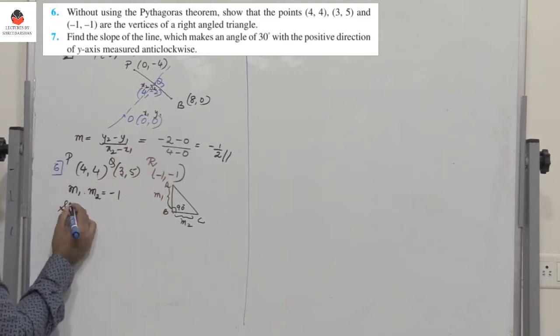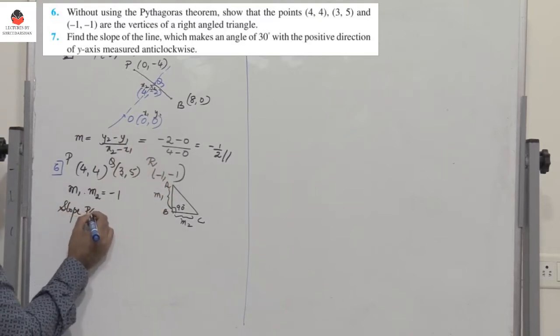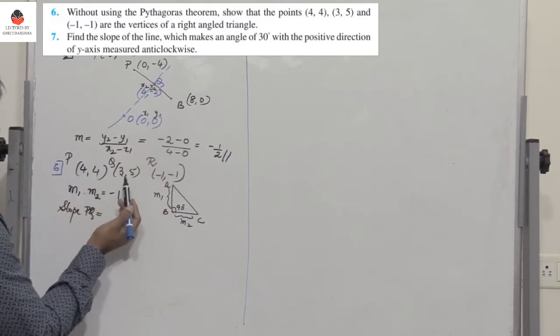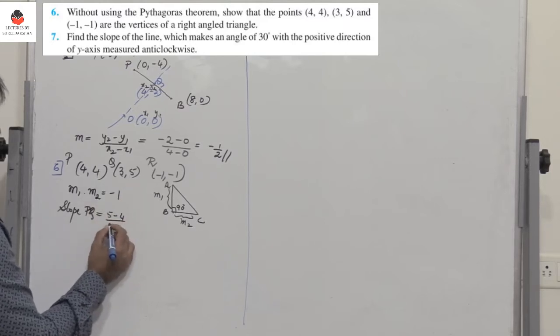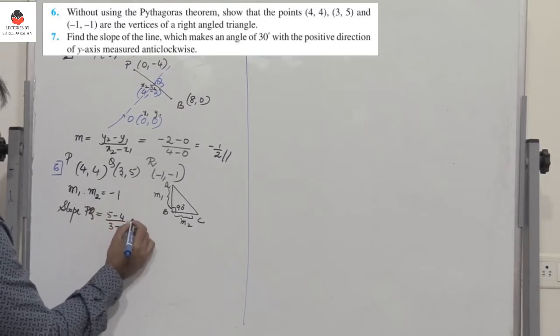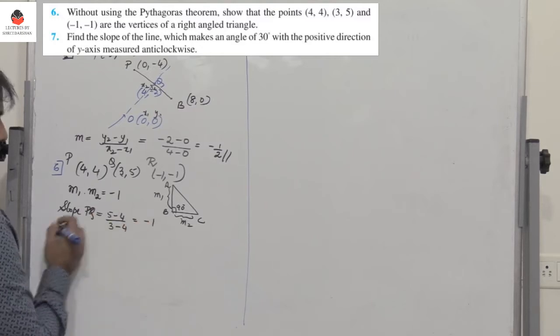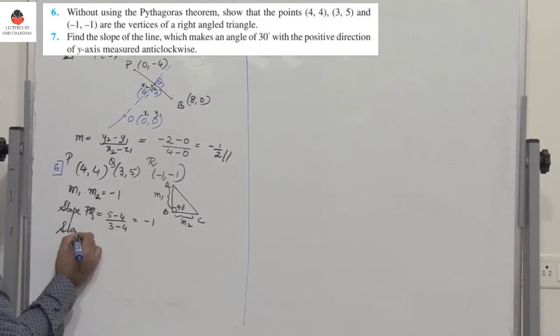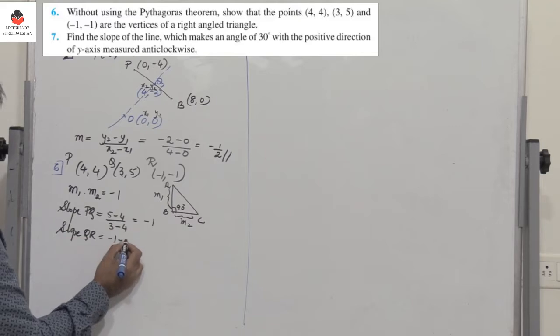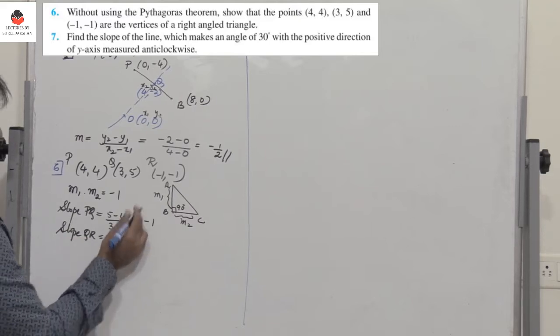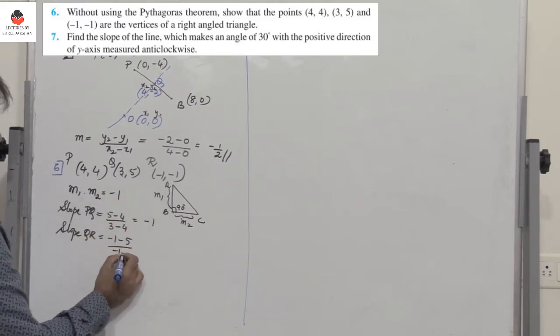So let me find slope PQ. What is slope PQ? It is y2 minus y1, 5 minus 4 divided by 3 minus 4. So that's going to be minus 1. Next, slope QR. Again y2 minus y1, minus 1 minus 5 divided by x2 minus x1, minus 1 minus 3.